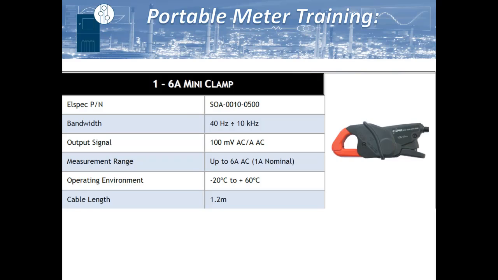This is going to give you a little bit better resolution because the maximum is 6 amps. It's got a smaller window, so that way you get better seating on the current and increases your overall accuracy as opposed to trying to measure 5 amps with a 100 amp Rogowski coil or something. Next slide, please.